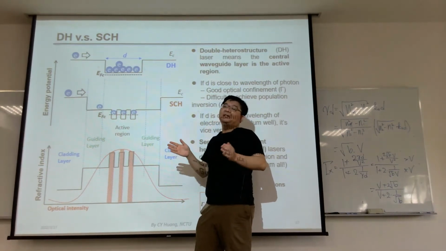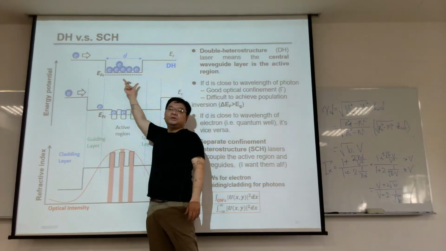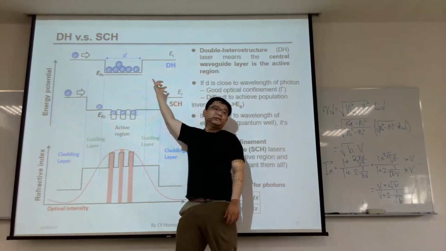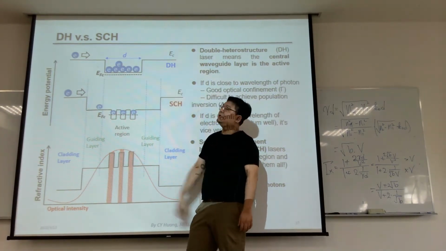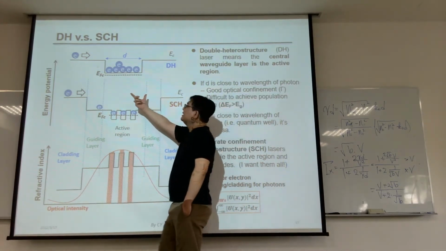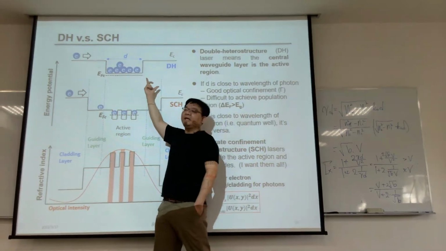Anyway, that means the waveguide structure should be at the level of the photon wavelength, probably around 100 nanometers. But such a structure is too wide for your electron.